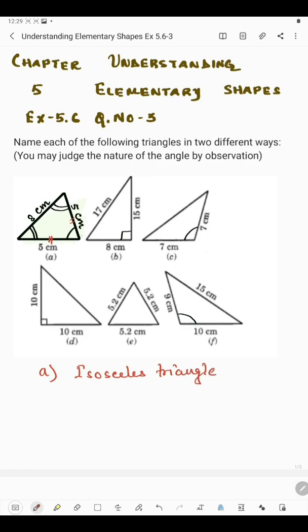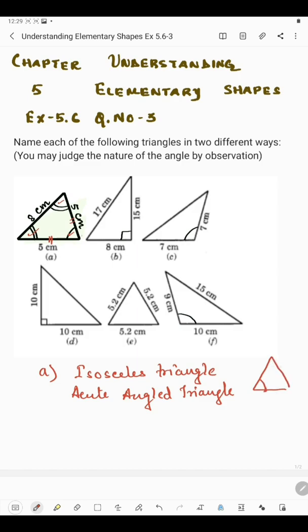Now, if you judge the angle here, all the three angles are less than 90 degrees, and if in a triangle all angles are less than 90 degrees, then it is said to be an acute angle triangle. Acute angle means, see, here two sides are bending towards each other, so this angle is acute.